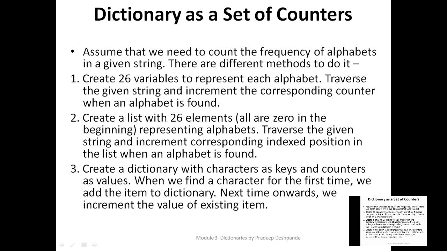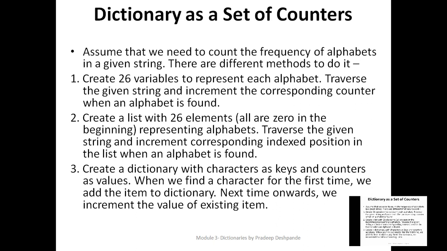For example, if you have taken a sentence and you want to find the occurrence of each letter in that particular sentence, then you have to create 26 variables, and whenever you traverse the string, you have to increment the particular variable. That is, if A is found in the string, A is incremented by 1. If B is found, B is incremented by 1, and so on up to Z.